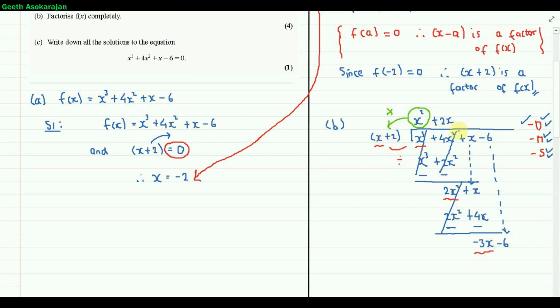Minus 3x divided by x is minus 3. After which we do an M. M means multiplication. So minus 3 times x is minus 3x. Minus 3 times plus 2 is minus 6.